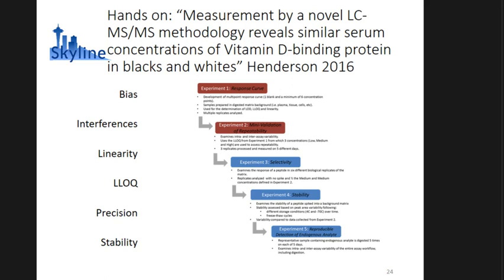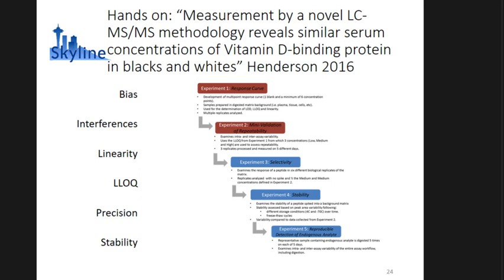So maybe 1, 2, 3, 4. Okay, let's do this front section, the 4 here, and I'll give you guys bias. So you can open up that folder and look at the bias. The 3rd row on the right side, I'm going to have you do interferences. Can I have the back row look at linearity?